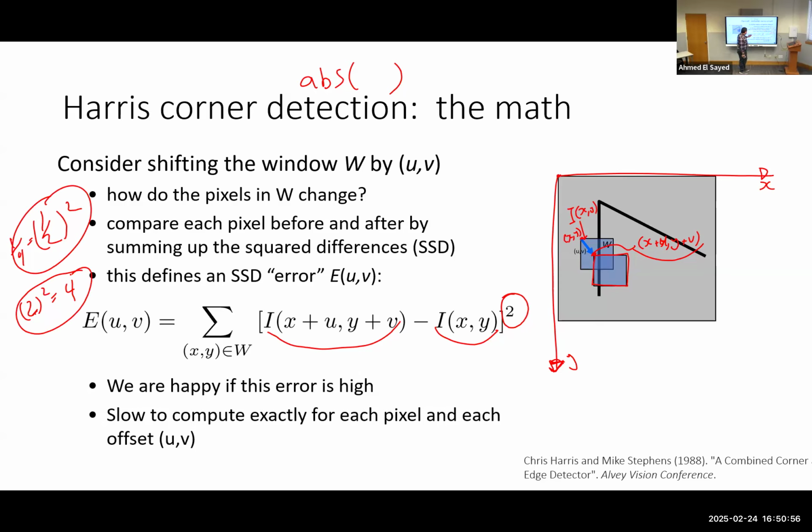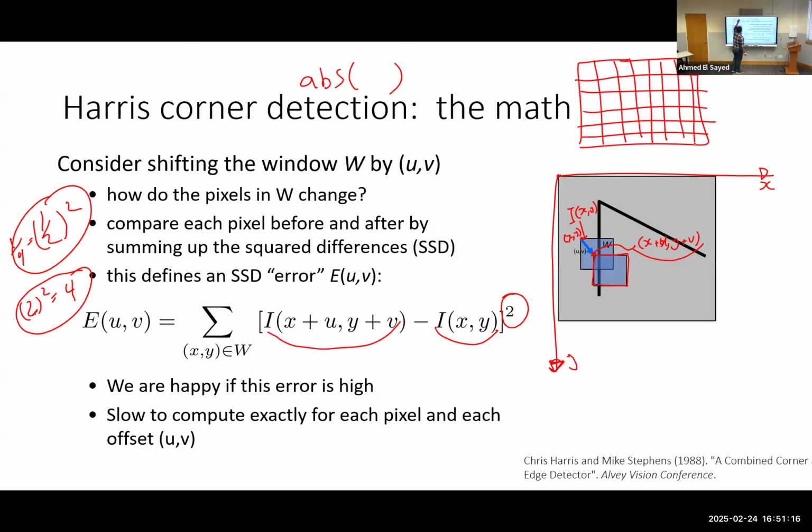Okay? So we will find the error between the newer window and the older one. Can we do this manually? The answer is yes. So assume that I have an image like this: 1, 2, 3, 1, 1, 10, 11, 5, 3, 20, 25, 50, something like this.